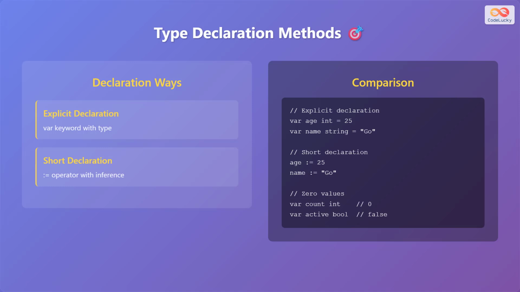Then declare a variable name of type string and assign "Go" to it. The equivalent using short declaration: age := 25, name := "Go". You can also declare variables without assigning initial values. These variables will then take on their zero values. For example, var count int gives 0. var active bool gives false.